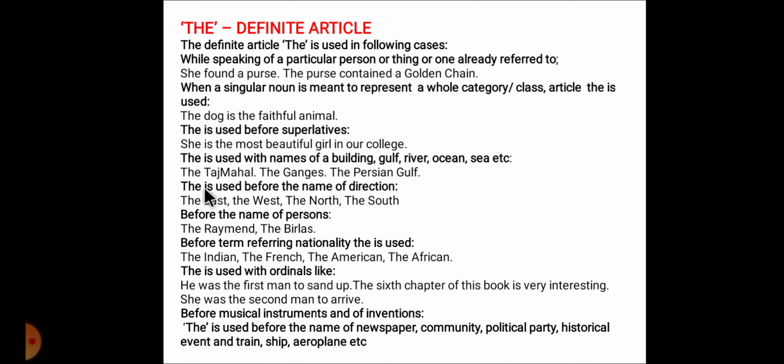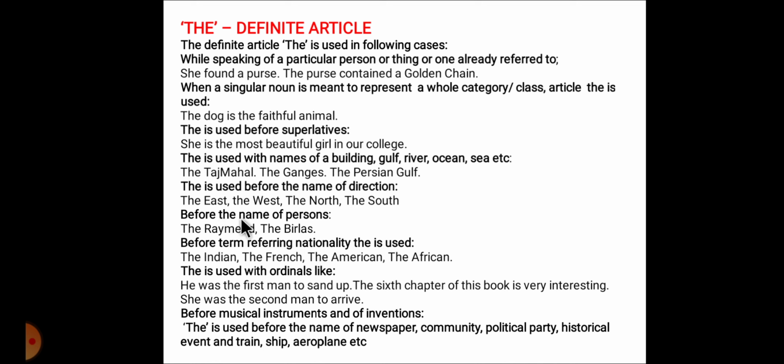Next, the is used before the names of directions. Dear students, how many directions do we have? We have four main directions: east, west, north, south. Then four sub directions. We have to put the before the directions.